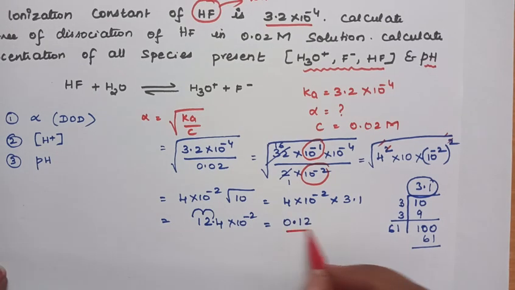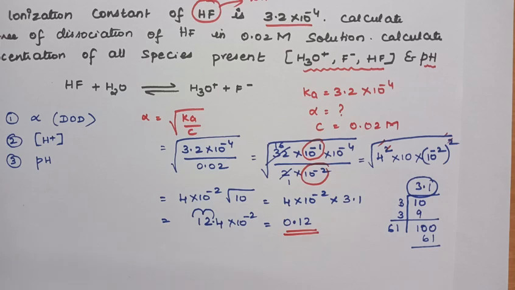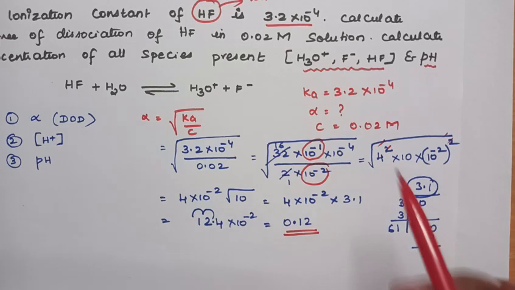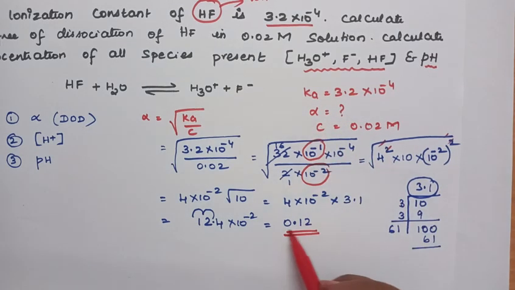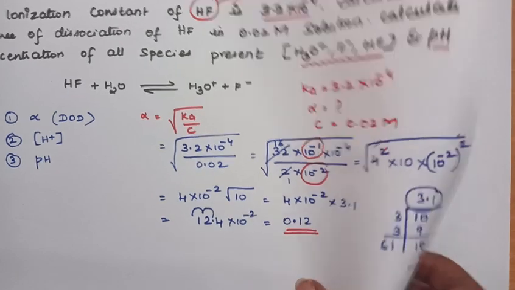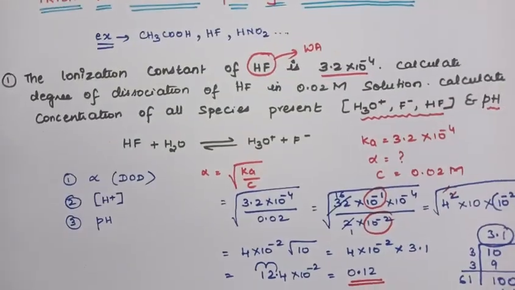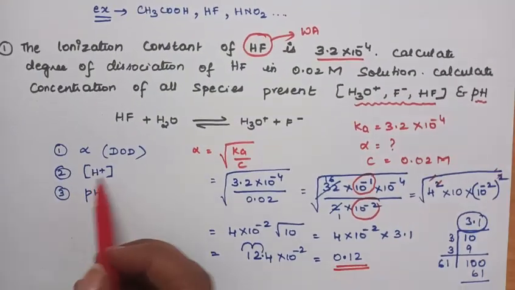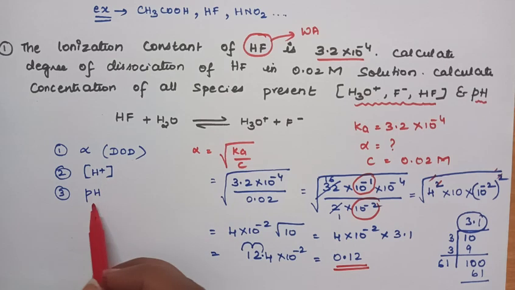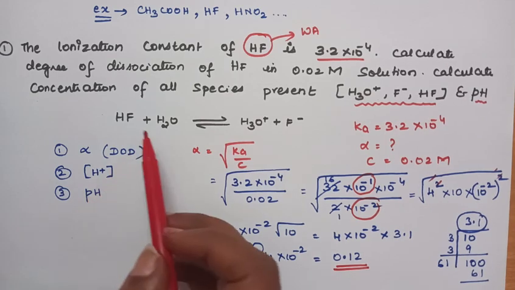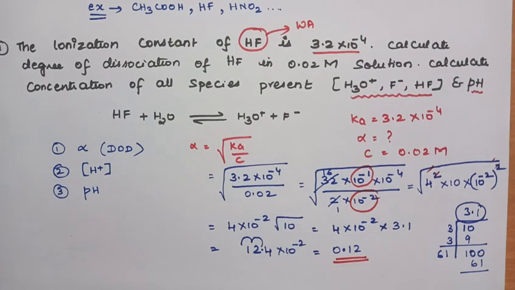So this is the degree of dissociation. So the first part we found, that is alpha, 0.12. So what is the next step? The next step is we have to find the H plus ion concentration to find the pH. So that we will find using this equation.